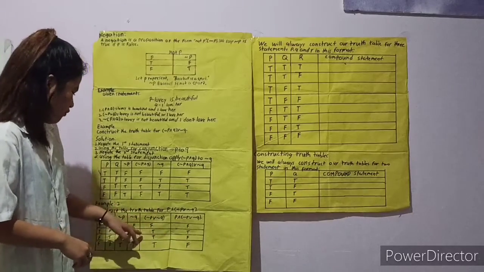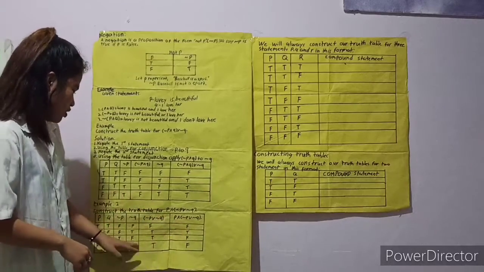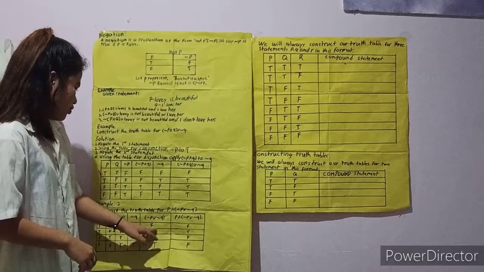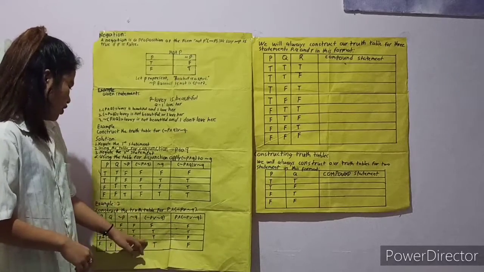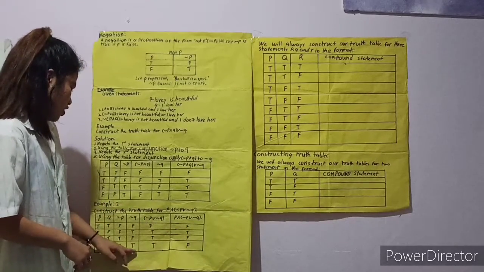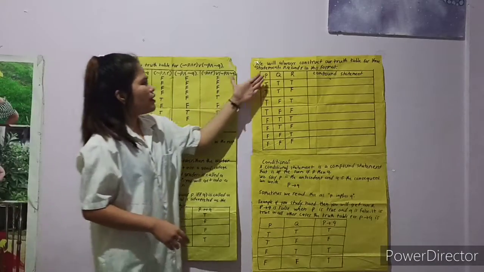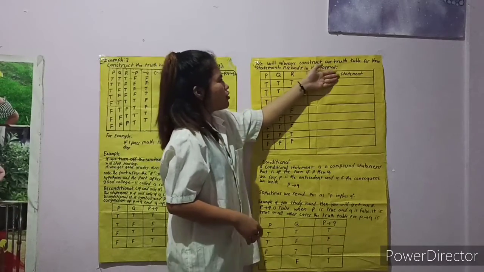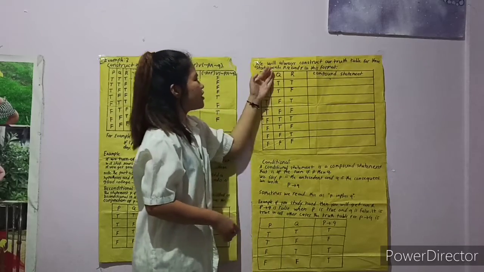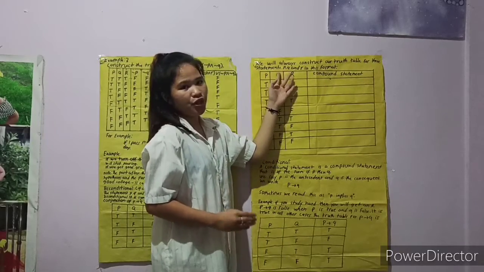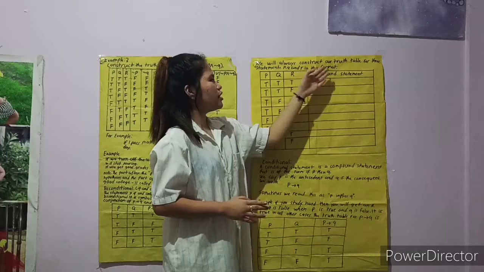Next is false and false become false, true and true become true, false and true become false, true and true become false. We will always construct our truth table for 3 statements, P, Q, and R in this format.